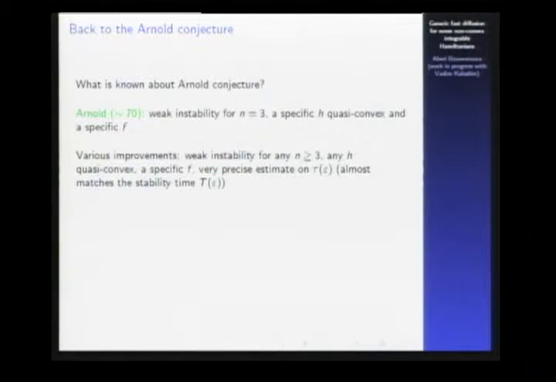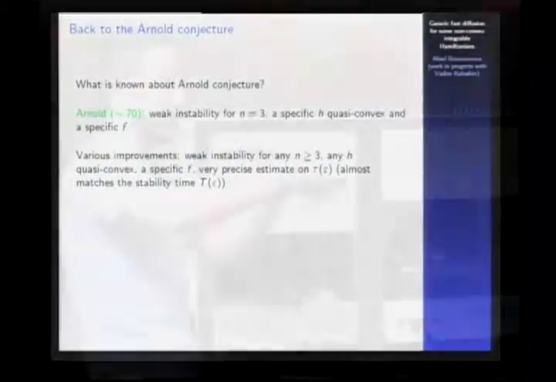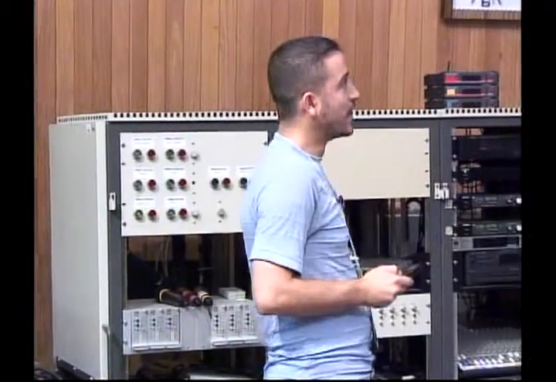In this case, this capital T of epsilon, the time of stability which appears in the Nekhoroshev theorem, they almost match in the quasi-convex case. So you have a very precise understanding of the transition from stability to instability in this case.